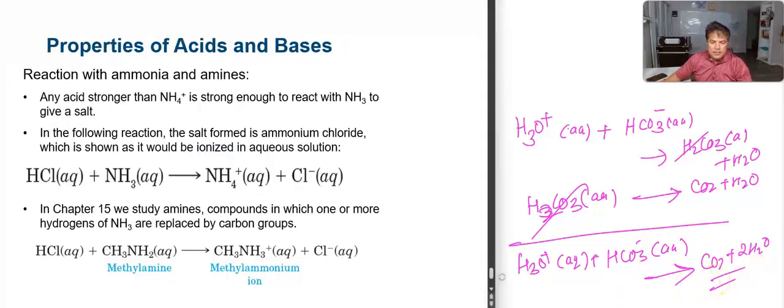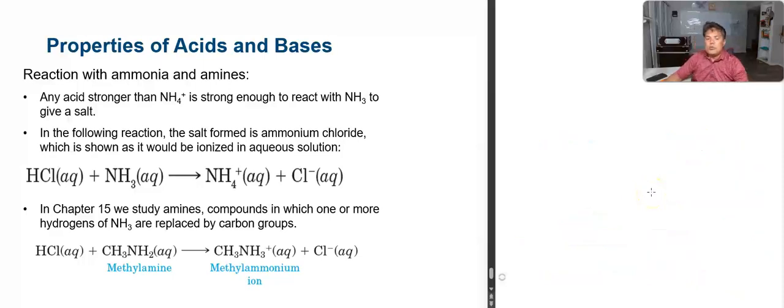Now finally, let's see what it does with ammonia. Any acid stronger than NH4+ is strong enough to react with NH3. It should be stronger than NH4+; if it is weaker than NH4+, no. So it is enough to react with NH3 to give us salt.